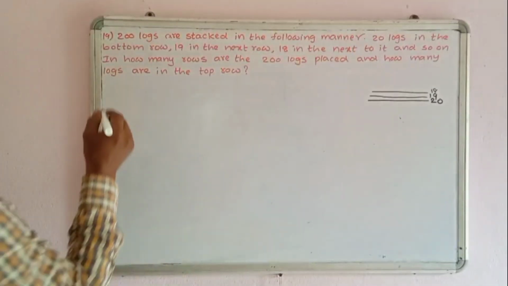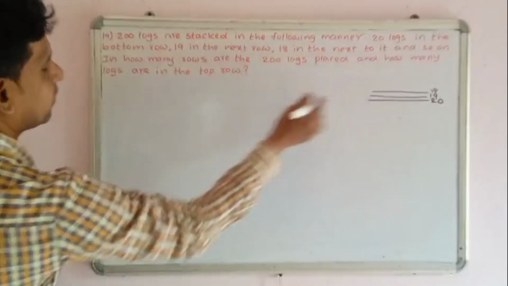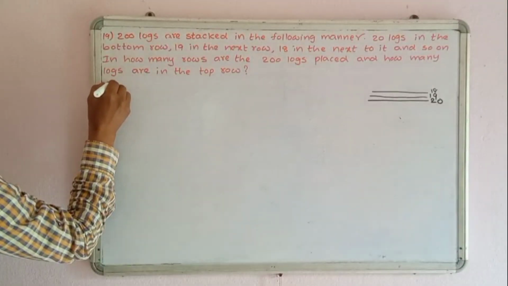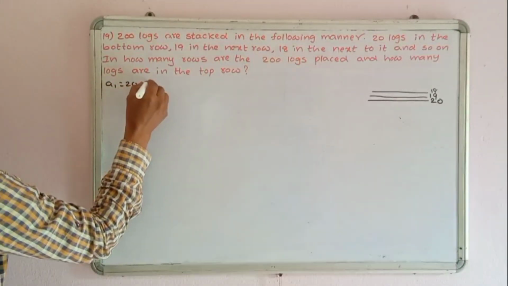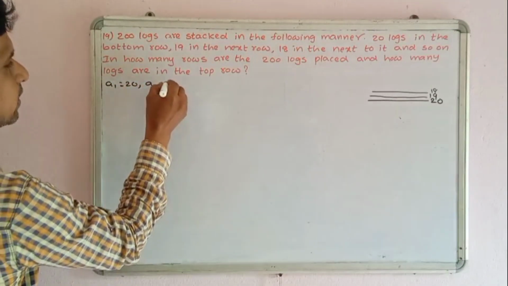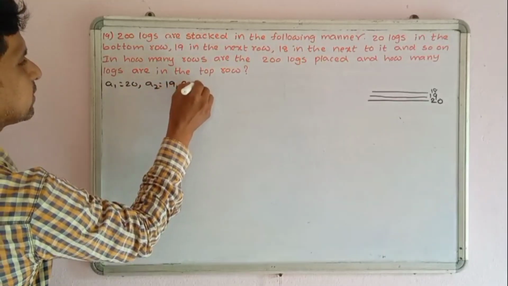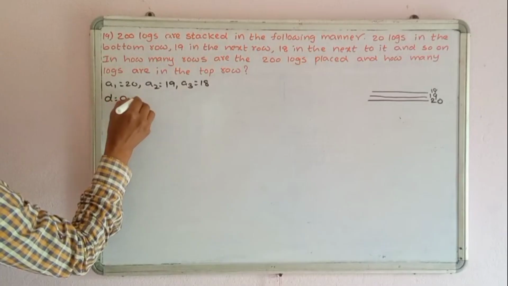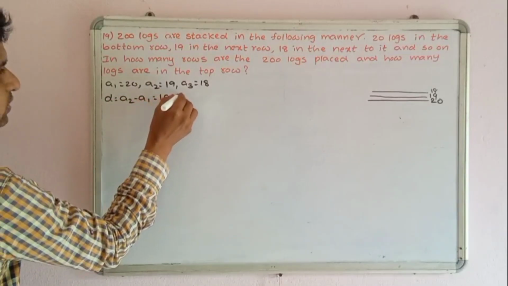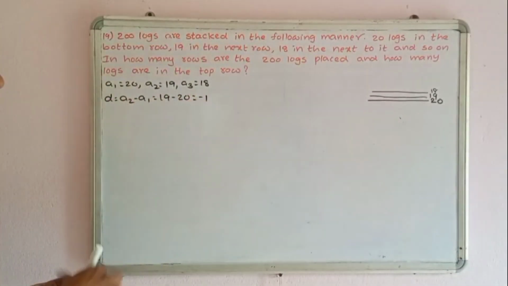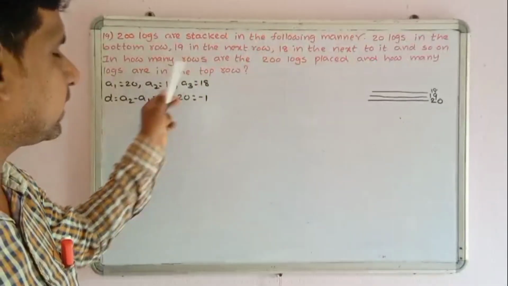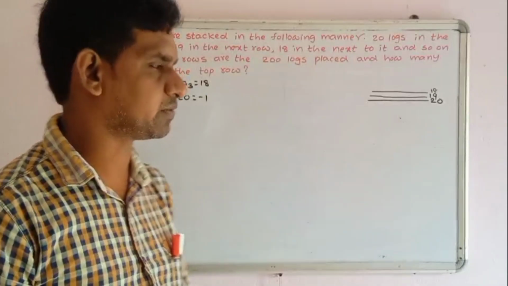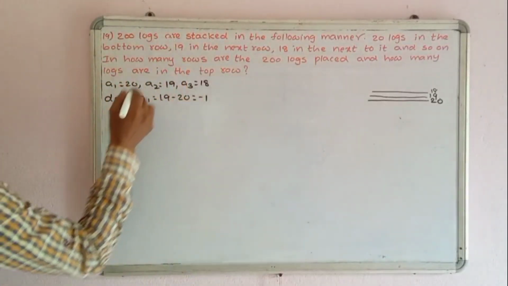See, first A1 equals 20, next A2 equals 19, A3 is 18. What is the common difference? A2 minus A1, that is 19 minus 20 equals minus 1. 18 minus 19 is minus 1. This is an arithmetic sequence, so the common difference is minus 1.